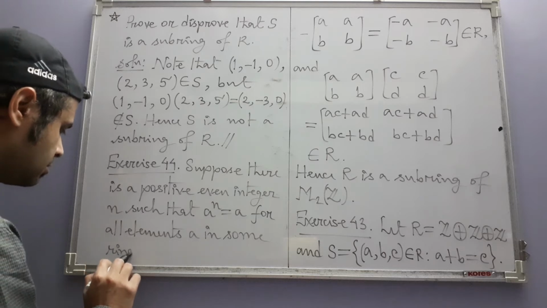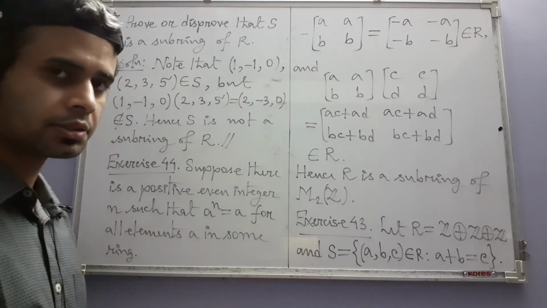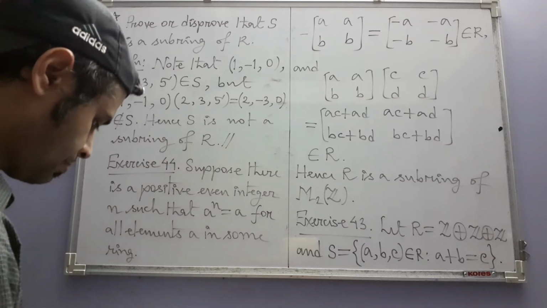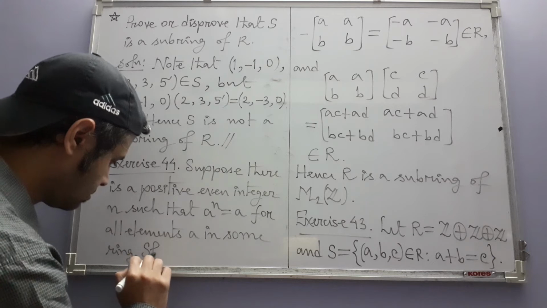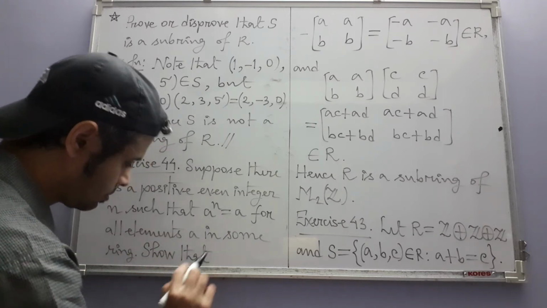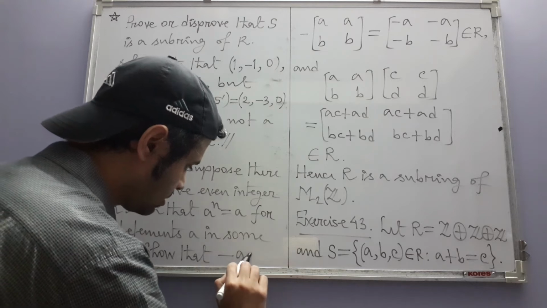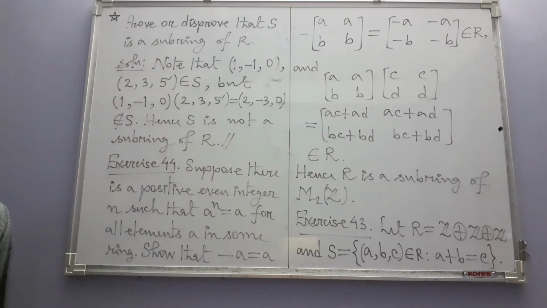Some ring has this property that the nth power of every element equals the element itself. Show that minus a equals a for every a in that ring.